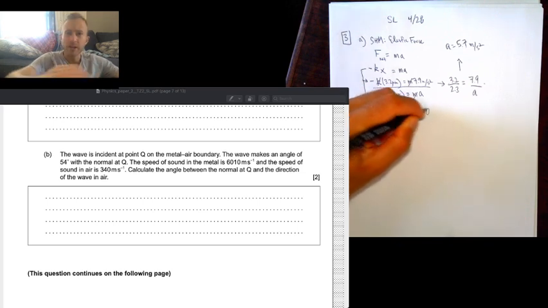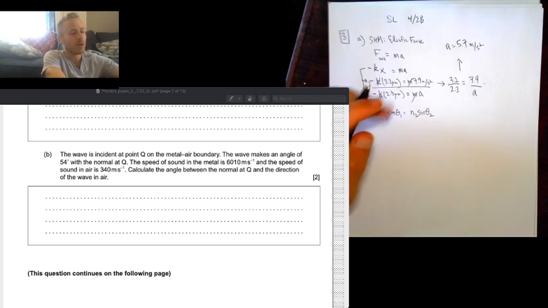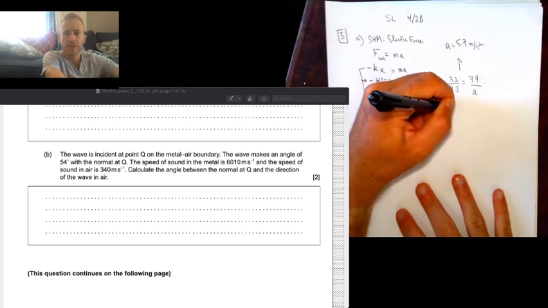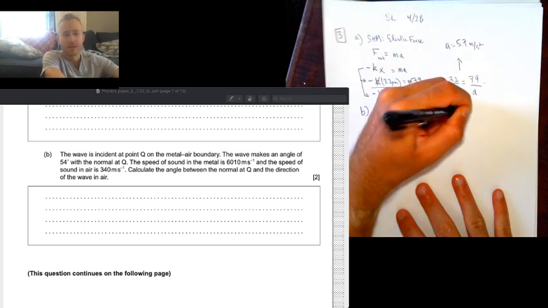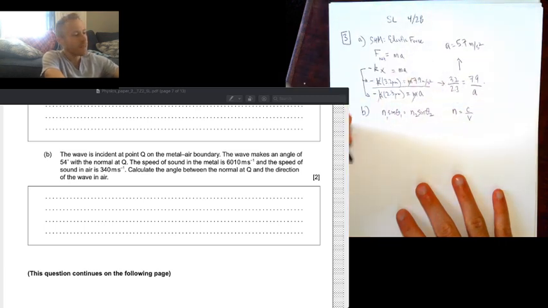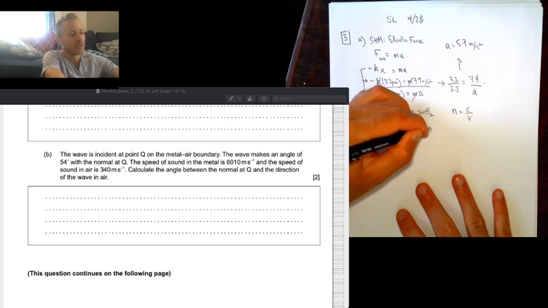Now, one thing I want to say is we learned Snell's law in the context of electromagnetic waves. It applies to all waves, okay? So you might remember that the index of refraction is defined as c over v. So I have c over v1 sine theta 1 equals c over v2 sine theta 2. Notice how the c's cancel out.